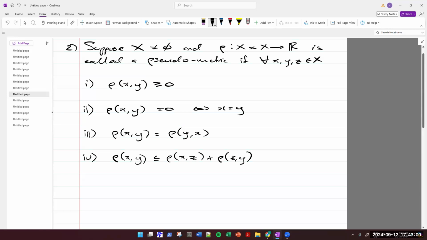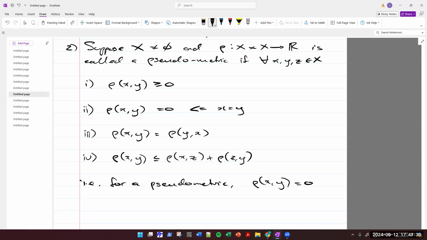A pseudometric is when you have some problem occurring here. So this is no longer if and only if for a pseudometric. You get it this way, but you don't get the other way. So for a pseudometric, rho of x comma y can be 0.